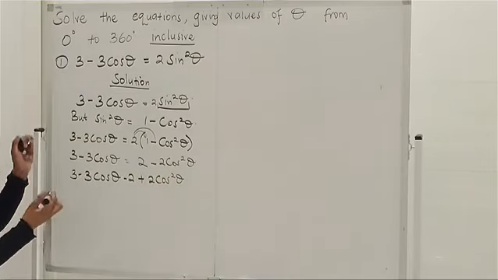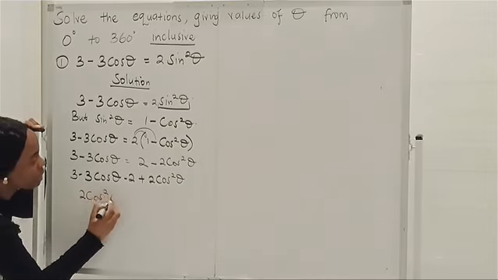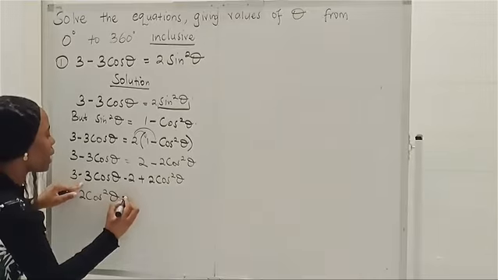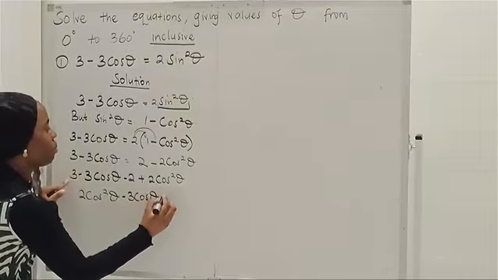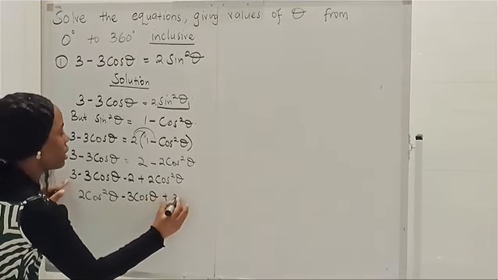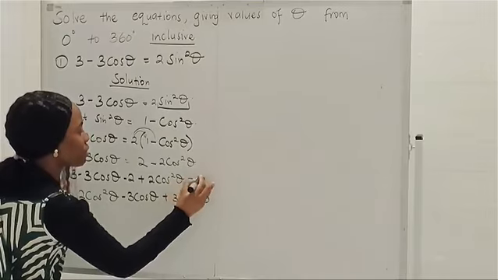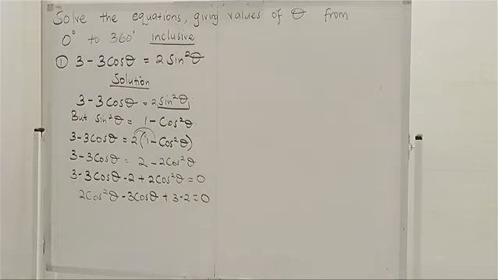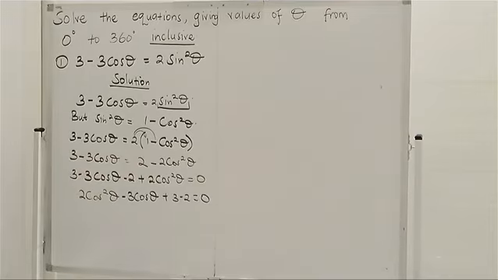Now you rearrange, so we'll have 2 cos squared theta minus 3 cos theta plus 3 minus 2, and this is equal to 0. It is equal to 0 because it is a quadratic equation and you took all the values to the left hand side.